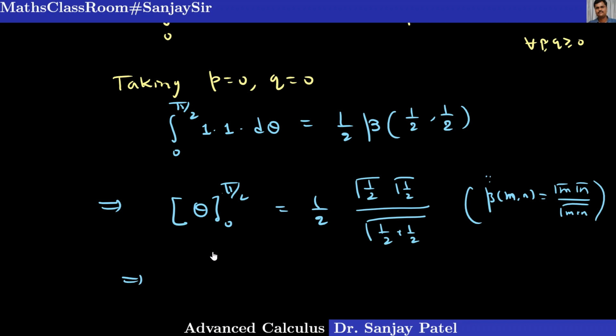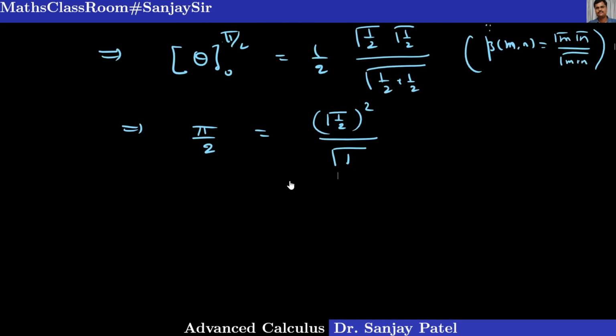The value of the left hand side integral is pi by 2. On the right hand side we get gamma 1 by 2 squared, a real number which we don't know, and the denominator is gamma of 1. We have already obtained the value of gamma 1, which is 1.